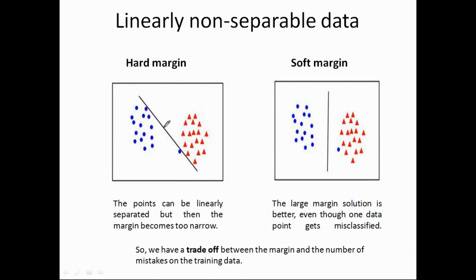So on training data, hard margin is 100% accurate, there is no misclassification, but when you test you will find a lot of data points misclassified just because you have unnecessarily trained it very hard.